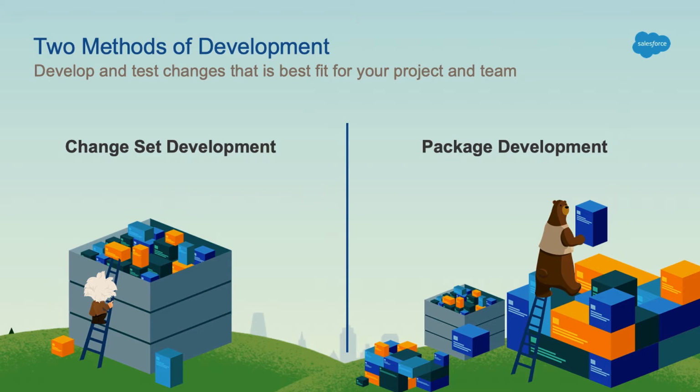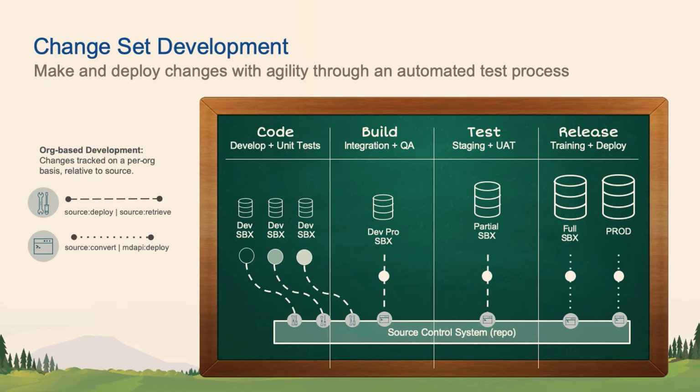We also sometimes refer to it as org-based development. The other model of development involves creating modular, immutable artifacts of metadata that can then be installed in any environment, such as your sandbox or your production org, and that's called package-based development. Now, regardless of the 2 types of development, continuous integration can be used in either of them.